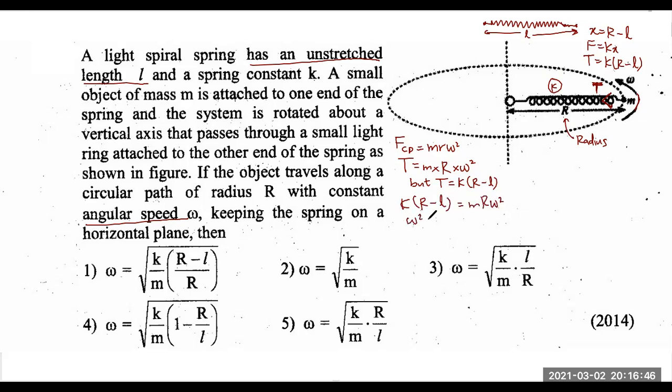Therefore, omega squared will be K (R minus L) divided by MR, and that will finally give us the answer: omega is equal to the square root of K (R minus L) divided by MR. Simple M is the only mass here.